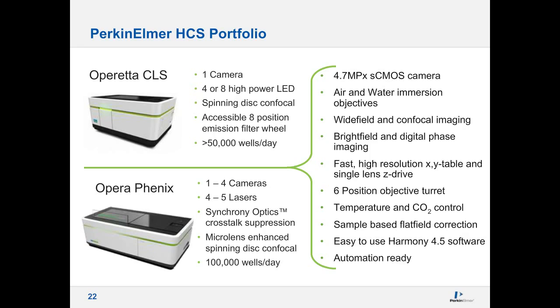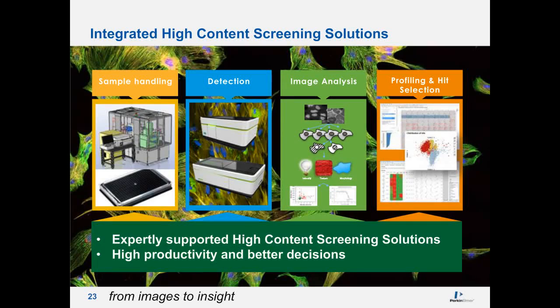All of this is basically part of PerkinElmer's integrated suite of high-content screening solutions, which not only includes the detection instruments we were speaking about before, but also sample handling solutions, imaging plates, really advanced image analysis tools, either in Harmony or in our server-based Columbus suite of things.